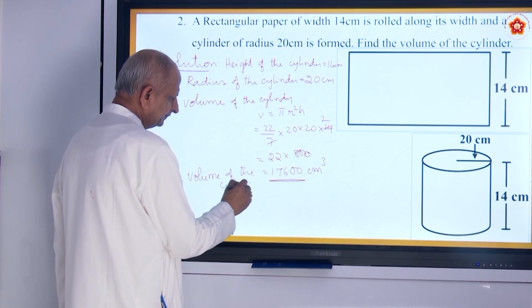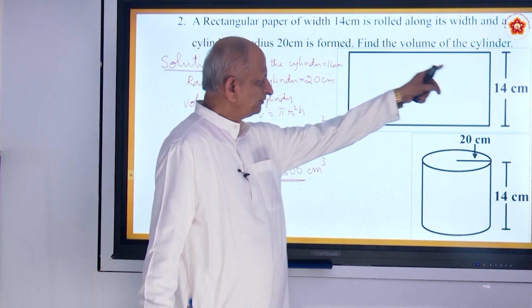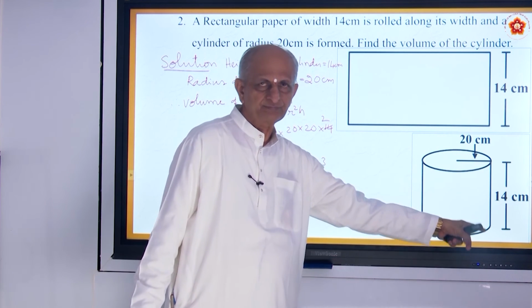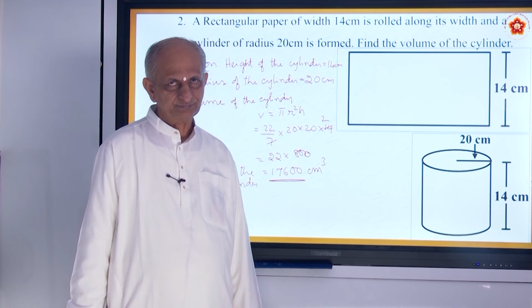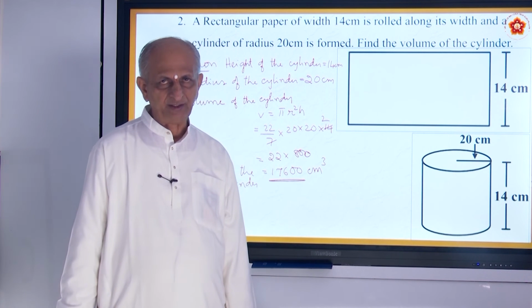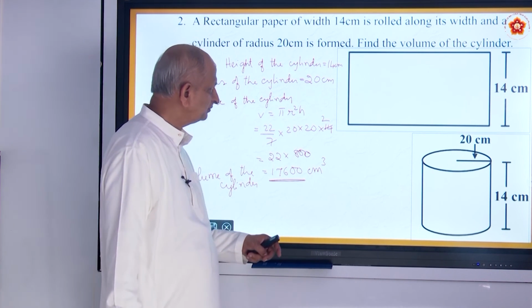The only thing is, you should know that the breadth of the rectangle is the height of the cylinder. Suppose you are given the length, that means the perimeter of the cylinder base, but that is not there here.